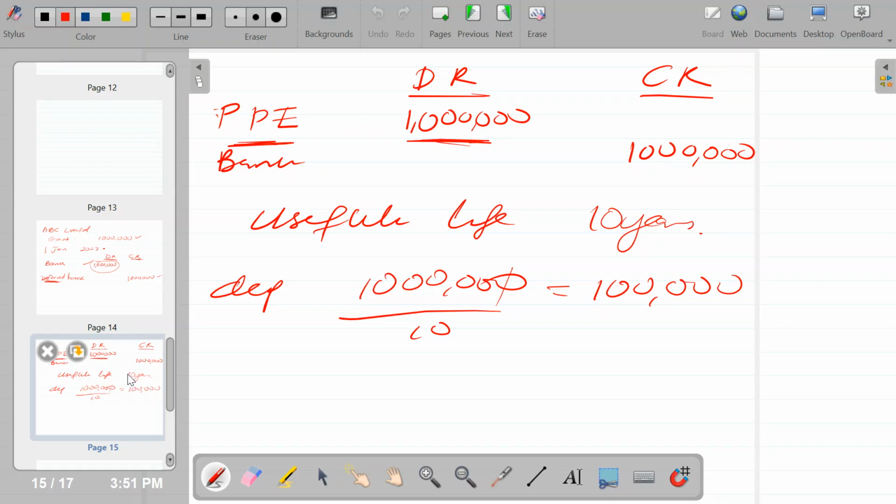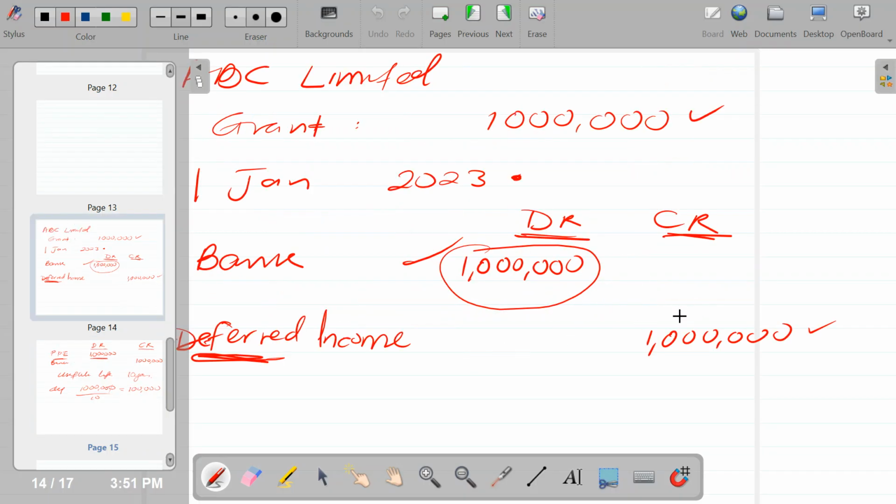Now remember that when we received the grant, we recognized a deferred income of 1 million. You get it? So this 1 million is still sitting in our deferred income. We have not used it, but the building is completed. So we have to clear this money.